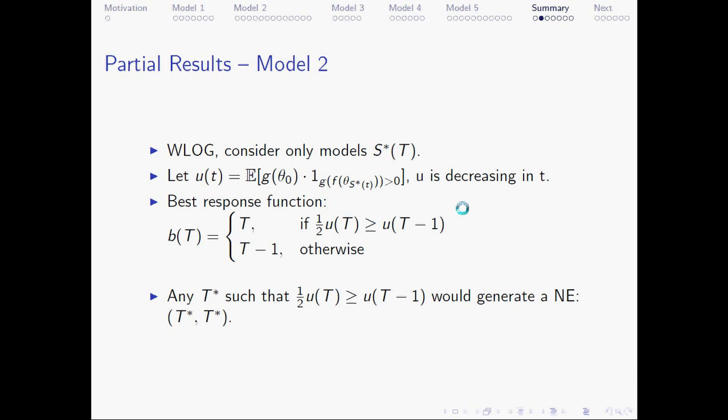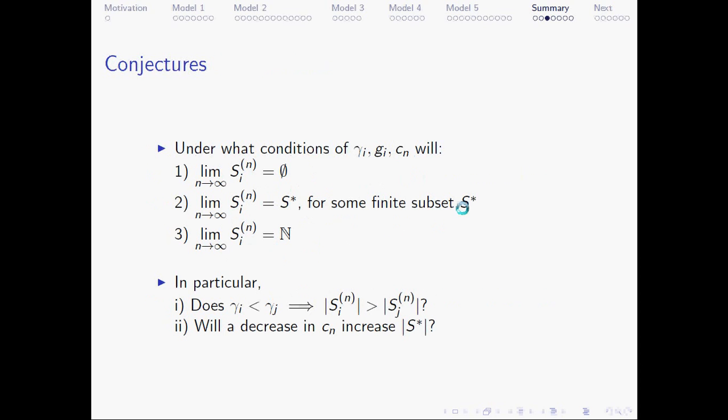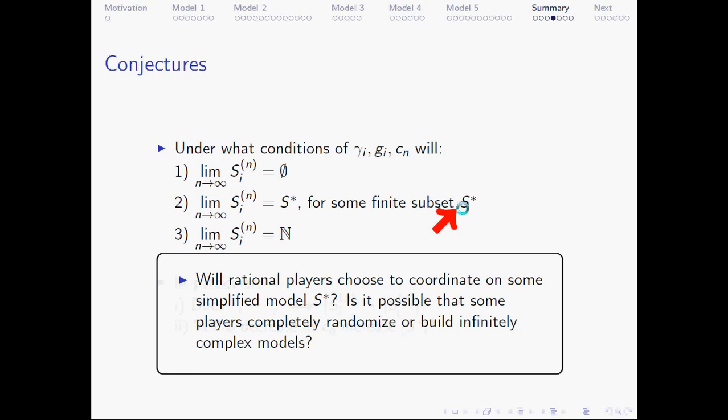Some of the conjectures, or why I'm asking the question here. The first is under what conditions of the parameters will the players converge to a particular fixed size model. The economic question to ask is, will the rational player choose to coordinate on some simplified model S star?